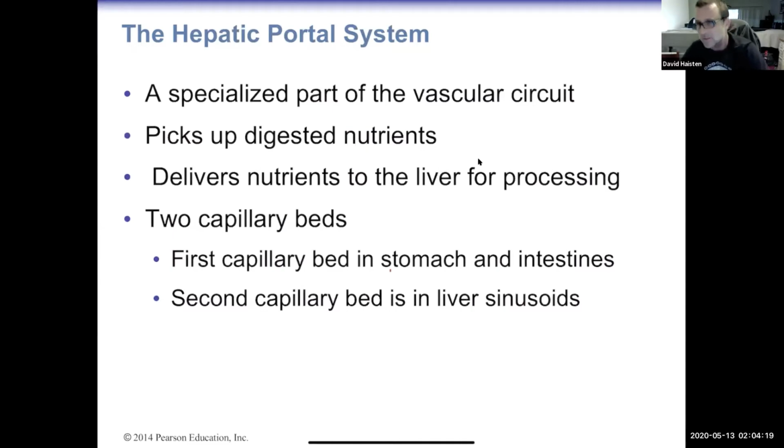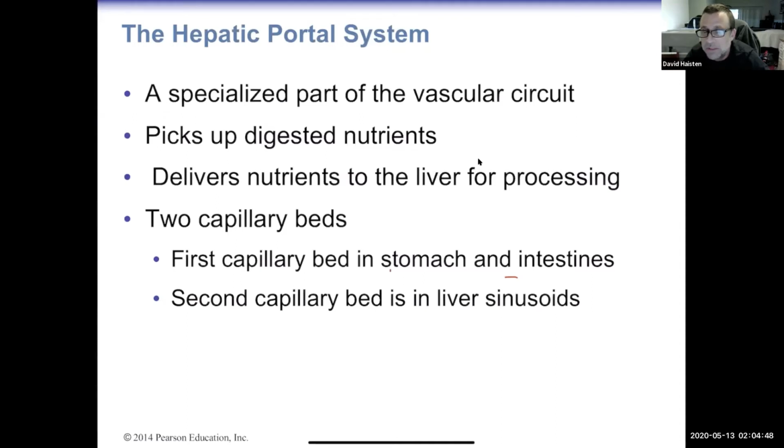Okay, so large intestine, pick up water. Small intestine, absorbing everything, nutrients. So your small intestine is full of capillaries. The capillary beds pick up goodies, and basically the splenic vein, superior mesenteric vein, and inferior mesenteric vein are bringing back blood.